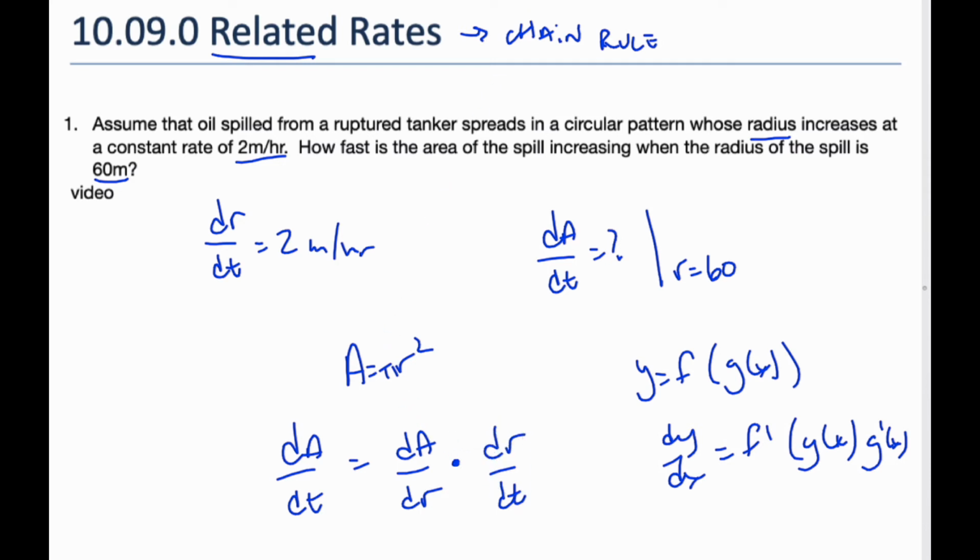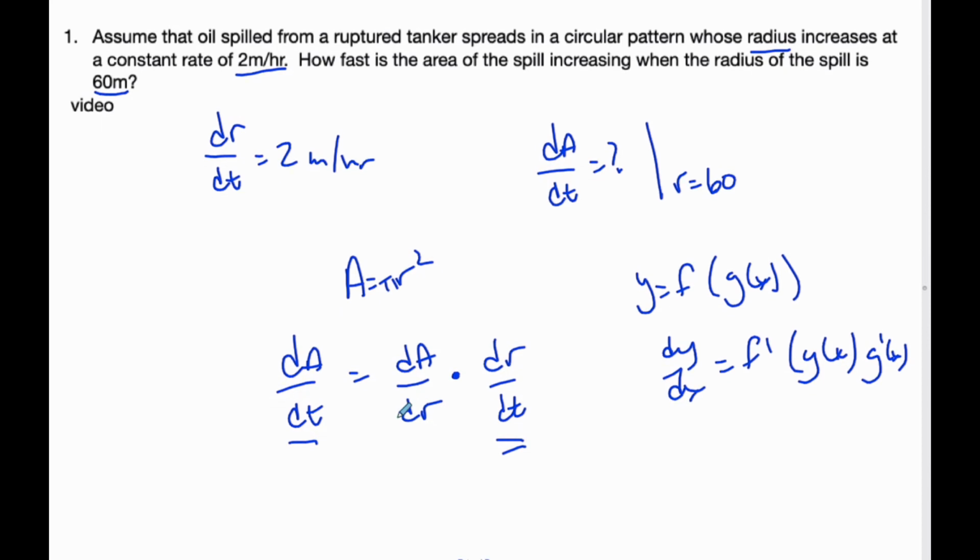Well, I do not know dA/dt. I'm looking for it. I know this value, and this one here I can actually find. If I take this function here, I recognize the derivative. If I take the derivative with respect to r, it's going to be 2 pi r. The 2 comes down, subtract 1.